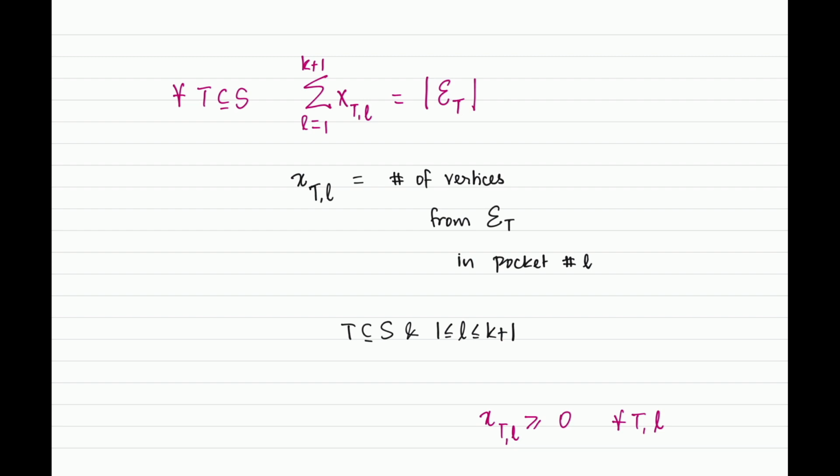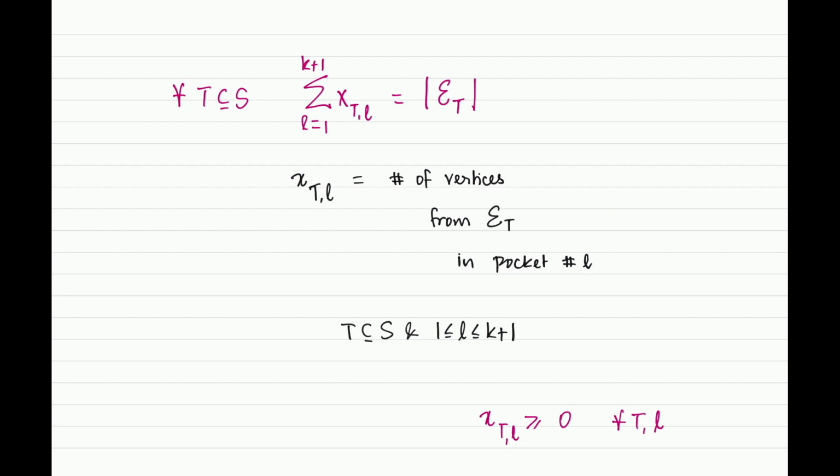It shouldn't fall short. If it falls short, that means that there is some vertex from that type that's not assigned to any pocket, and it shouldn't overshoot this, because then you're manifesting vertices that are not even there. So hopefully this constraint makes sense, and that's going to be our first set of constraints, just to ensure that these numbers correspond to a valid layout.